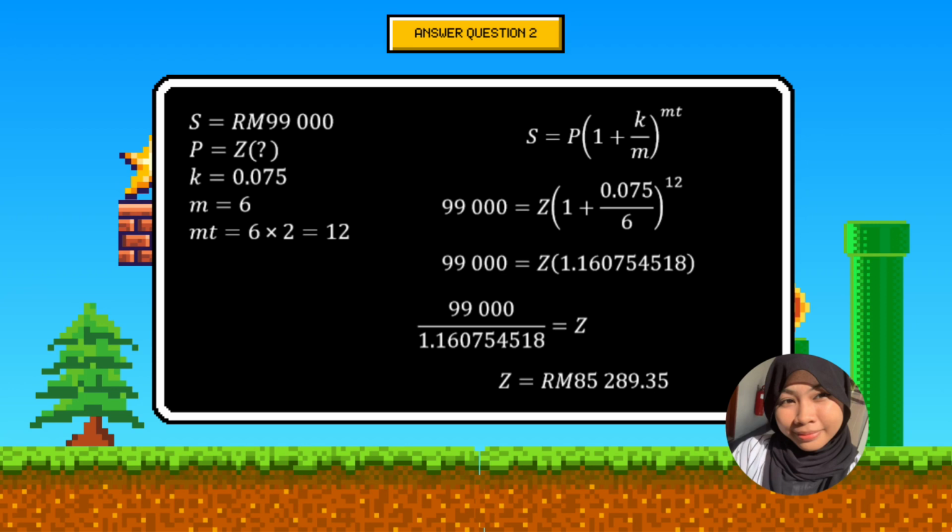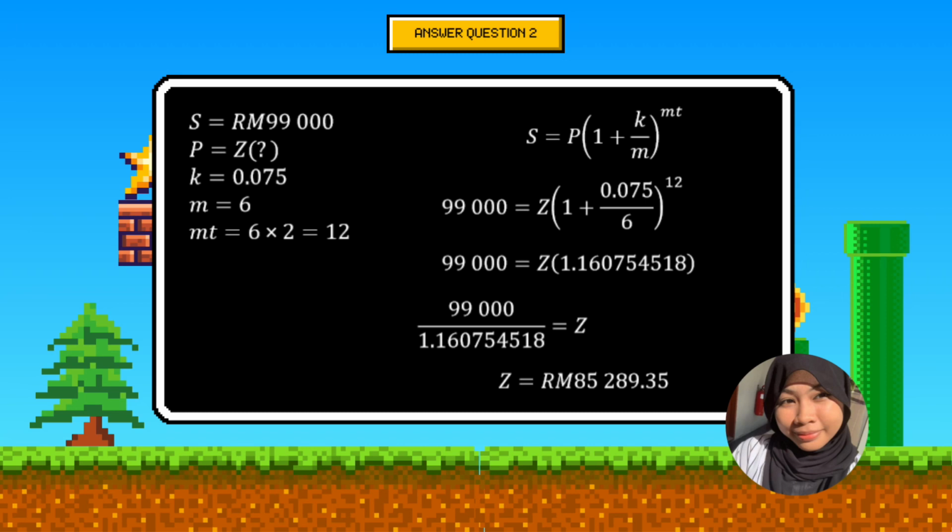And then we have to write down the amount 99,000 RM equal with Z in bracket 1 plus 0.075 divided with 6 and close the bracket, and we have 12 on the outside. And then we have to solve the right side first, and we got the answer 1.1607554518.